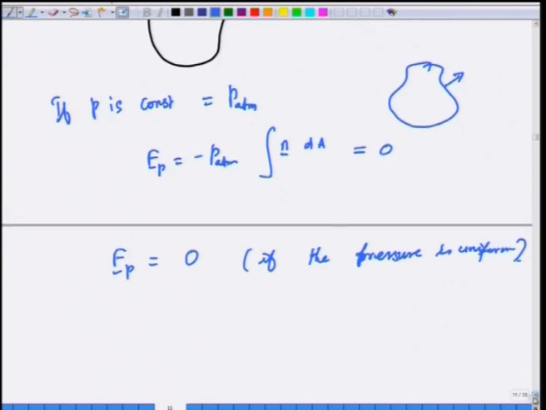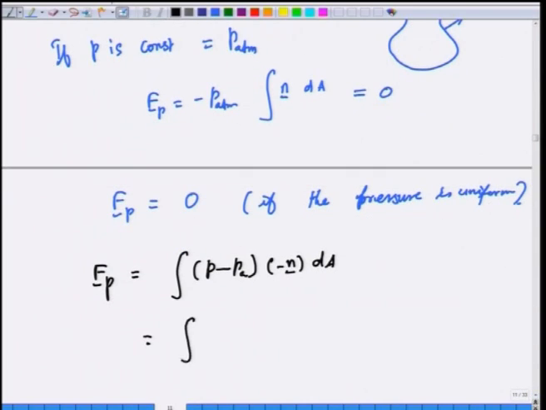But in many cases you will have atmospheric pressure over and above some other pressure. So the actual pressure force will be due to the difference between the pressure and atmospheric pressure in the direction of minus N dA. This is nothing but the gauge pressure, because P minus Pa is gauge.